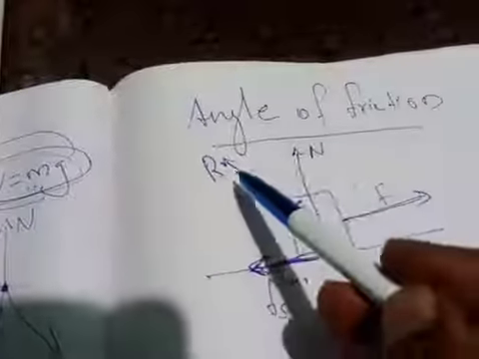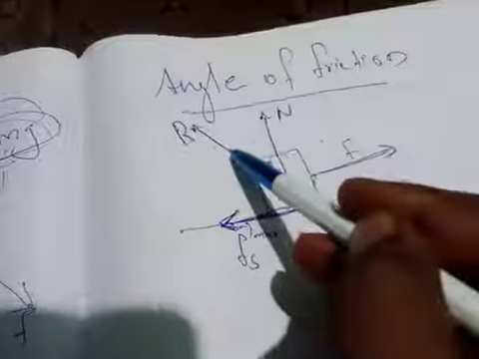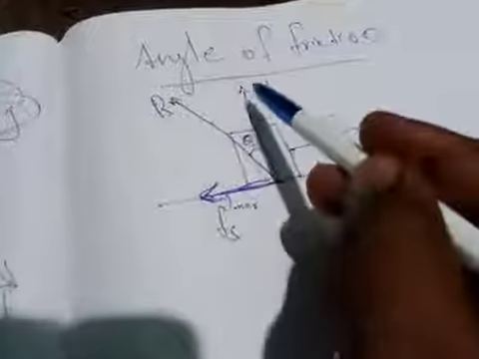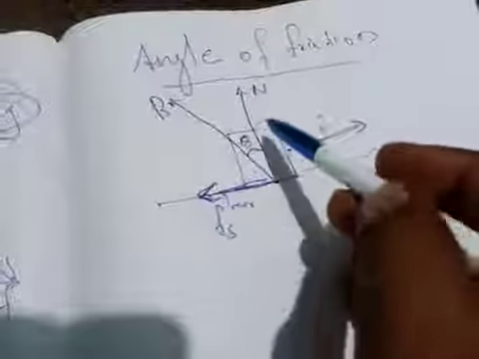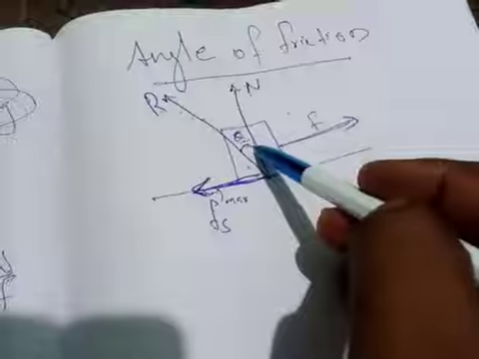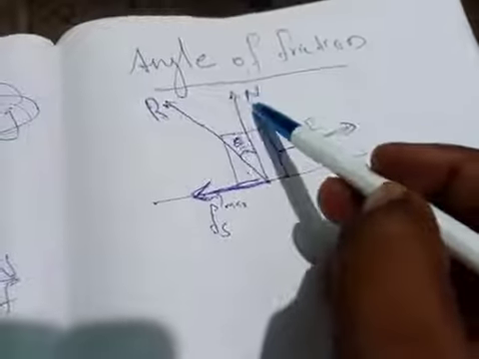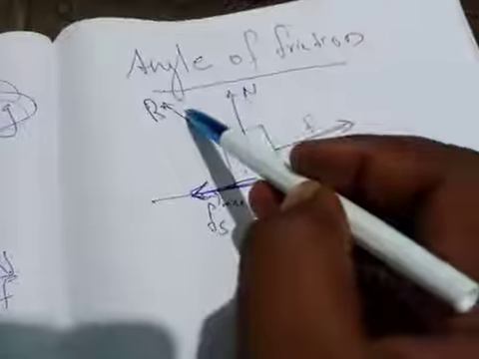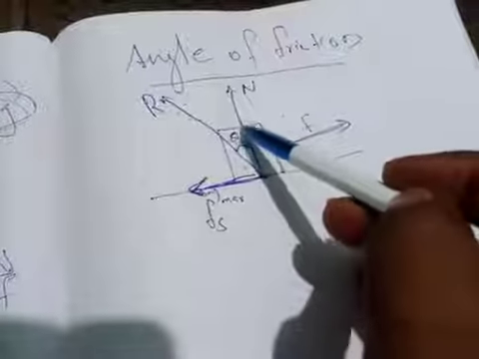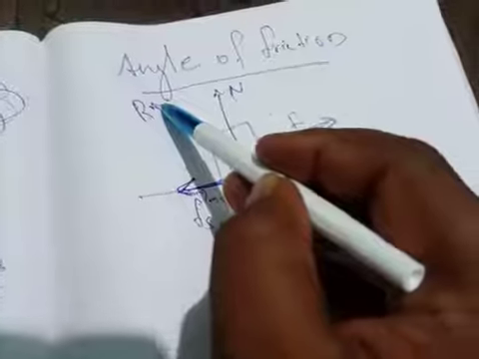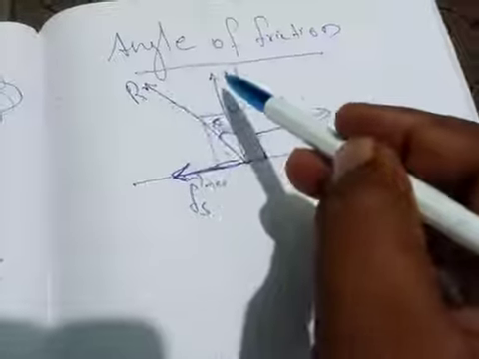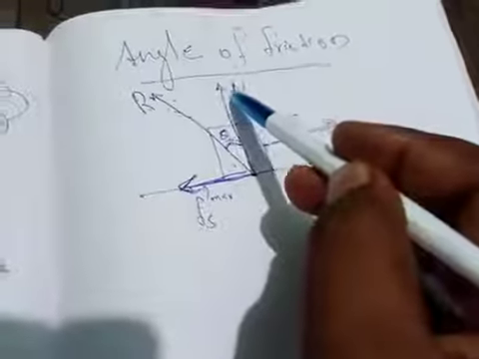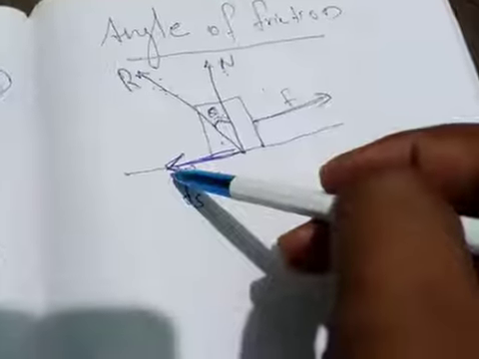R is the resultant of this normal force N and this maximum frictional force.